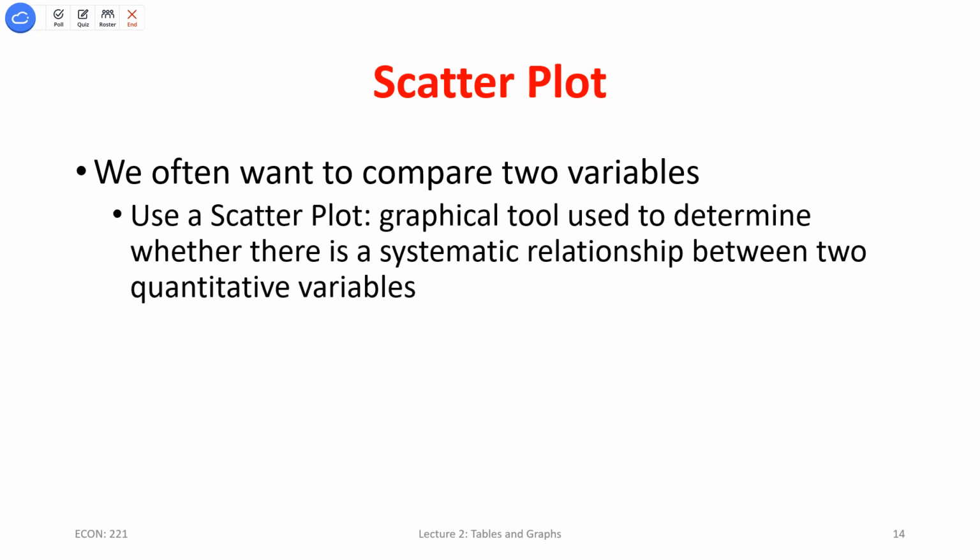So let's say I had years of education and income, something like that. What I would do is take the years of education someone has, make that my x-axis variable, take their income, that's their y-axis variable. I've got this data set with maybe 1,000 different individuals. I've got how many years of education they had and what their income was.